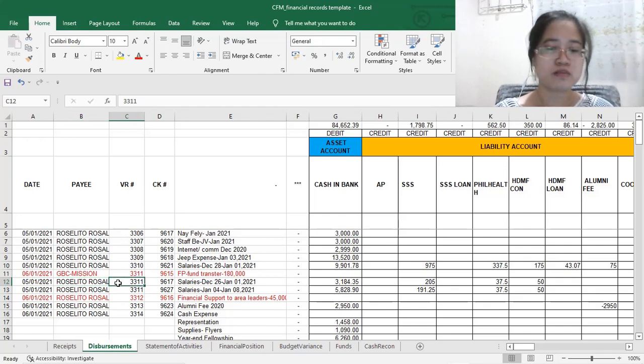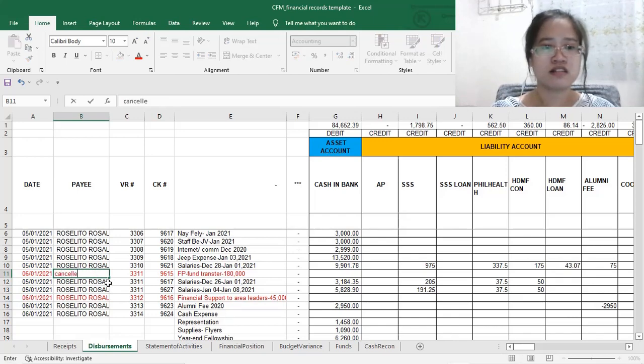Although it was a mistake, it was an honest mistake, the voucher number must still appear on the records, and then you simply put canceled on it.